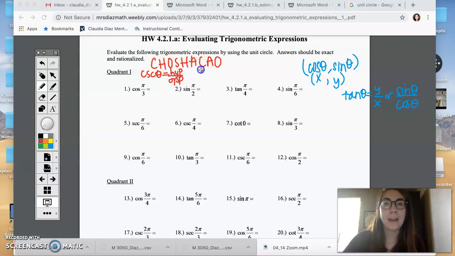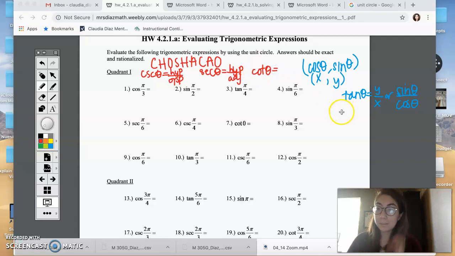Then we have secant, which is the reciprocal of cosine, which is hypotenuse over adjacent. And last but not least, we have cotangent. Cotangent is the reciprocal of tangent, which is adjacent over opposite.